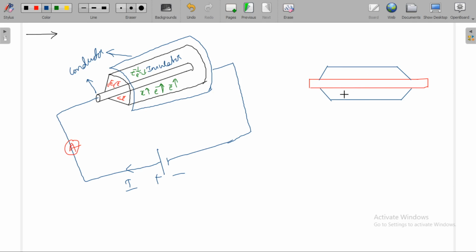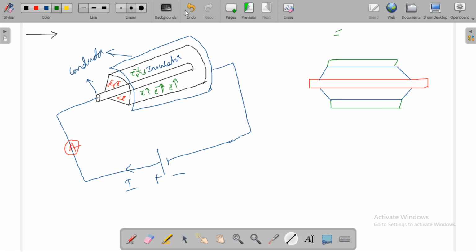This is insulating material. And you are going to have one more conductor upon this insulating material, again here also you are going to have conductor like this. Front view of this coaxial cable will be like this.